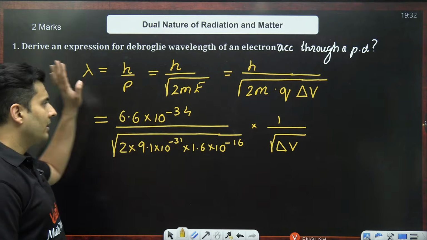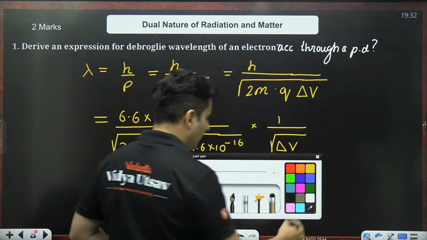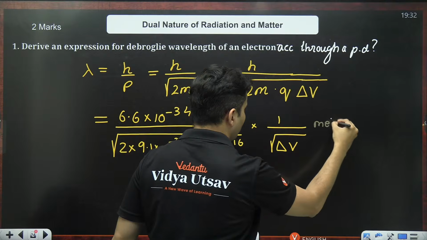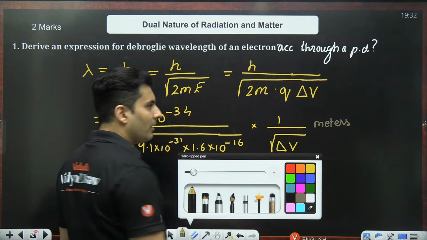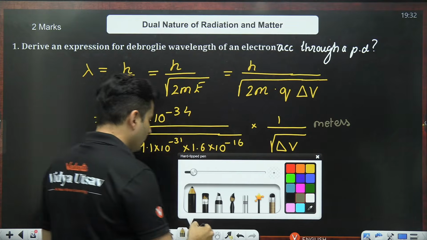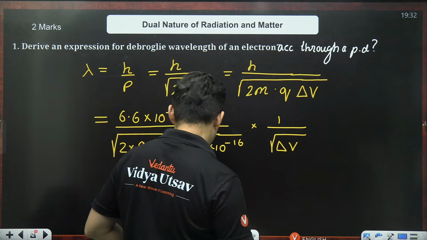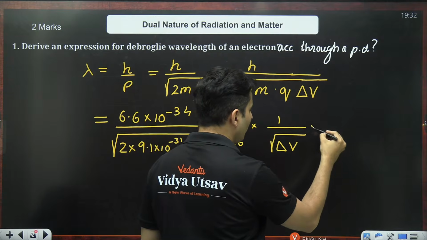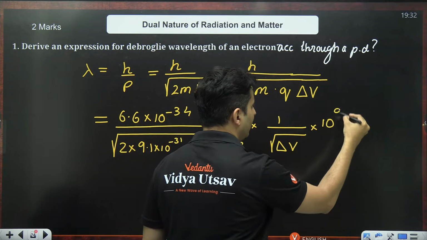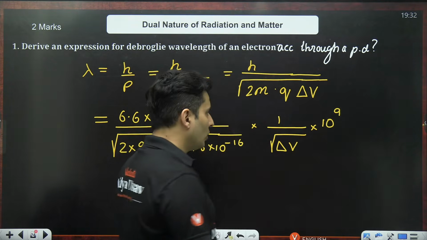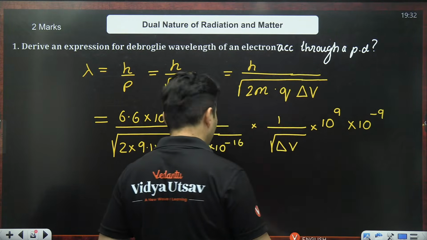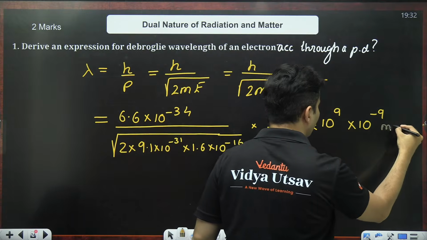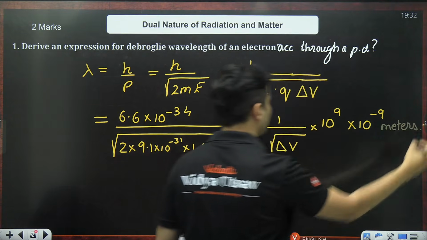Whatever answer you will get will be in meters, by the way. Yes, this will be in meters. But you want the answer to come out in nanometers. So for that, you multiply whatever number is there by 10 to the power 9. So you can also then write 10 to the power minus 9 deliberately over here. By the way, by this, you are still getting the answer in meters only.